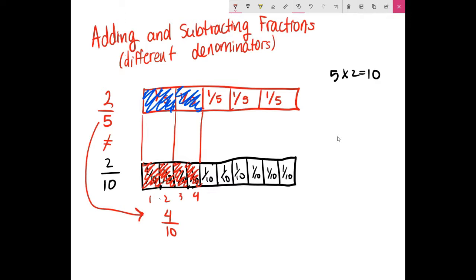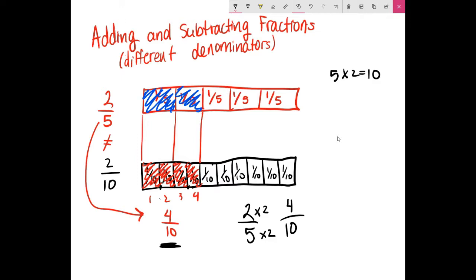How can we show that mathematically? Well, when we had 2/5, we wanted to change the denominator to 10, meaning we wanted to increase the number of pieces in the same size strip to 10. How do we do that? We multiplied 5 by 2 to get 10 because 10 is the second multiple of 5. So if we look at this new fraction that has 4 pieces out of 10, and we're saying that equals our 2/5, what do we need to do to 2 to get to 4?